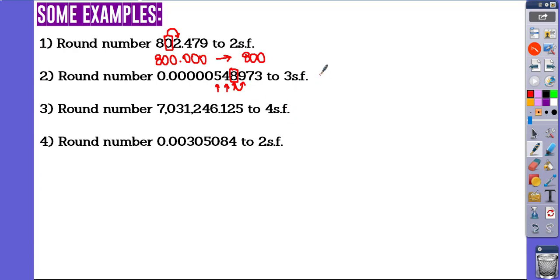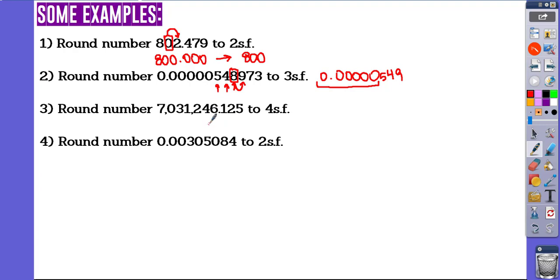So our new rounded version will be 0.000000549. Remember that these zeros are vital, right? If we don't write this, we will only write 549, which would be ridiculous.